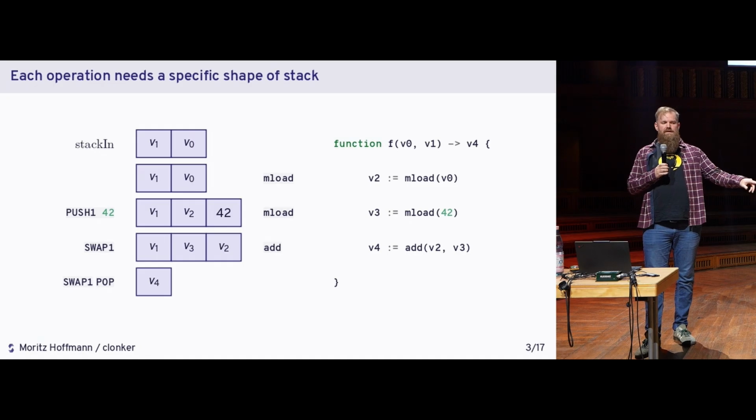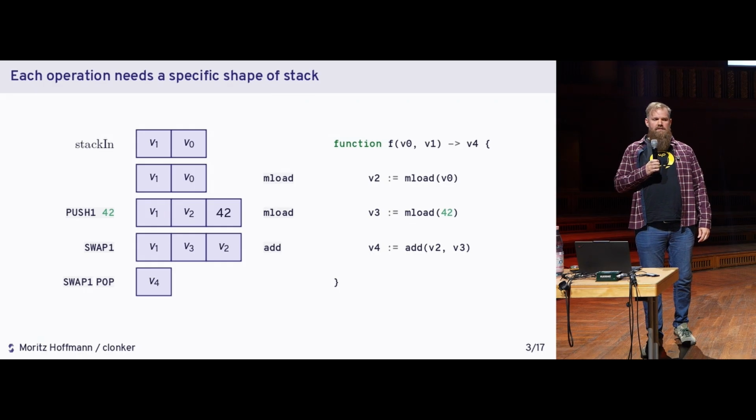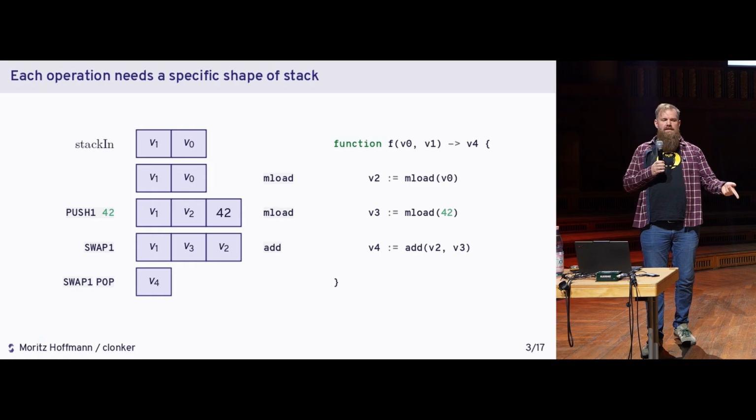So we will have on the left-hand side the preparation of that operation that we want to execute, which is going to be a push of the constant 42. Then the stack state is going to be v1 at the very bottom. Then we have the v2, which is the thing that was loaded previously, and the 42 that we just pushed. Then we can execute the second mload. Then the 42 is going to be replaced by a v3 symbolically.